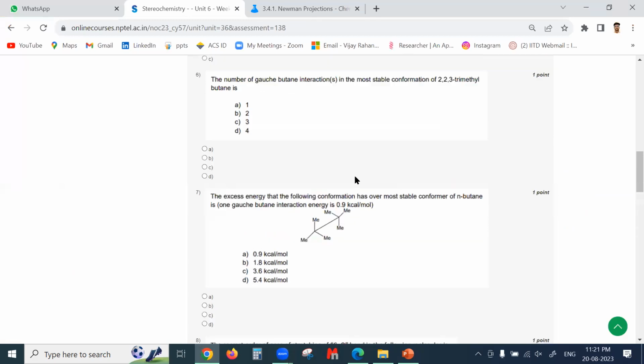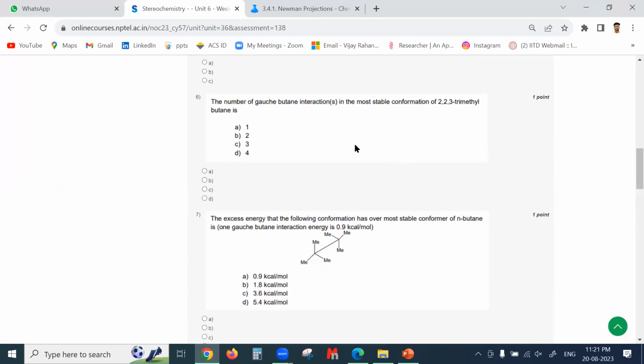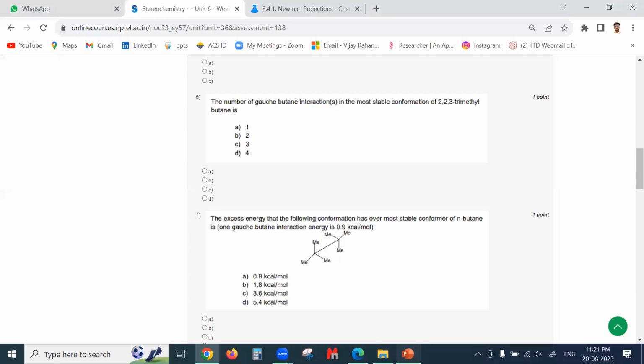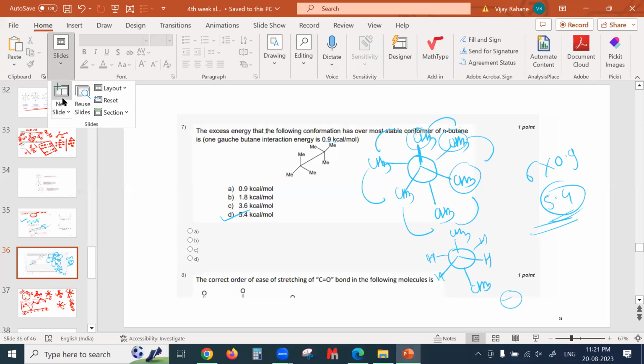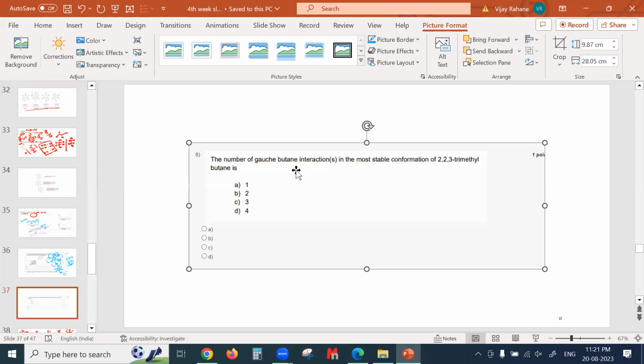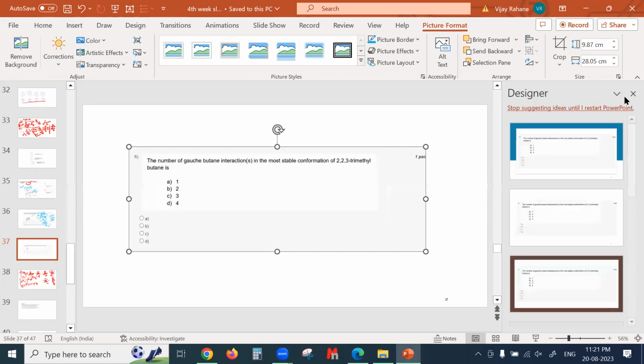The sixth question. These are very simple questions. The number of gauche interactions in the most stable conformation of 2,2,3-trimethylbutane is... You just draw the structure and calculate the number of gauche interactions for each conformation, and the conformation which has the lowest gauche interactions is the stable conformation.